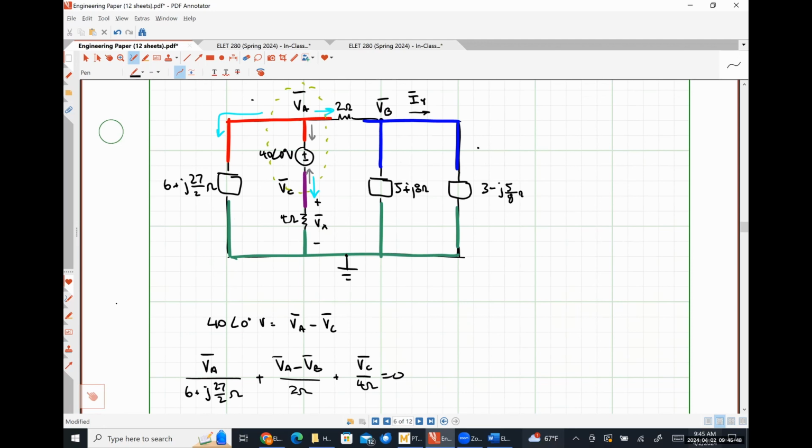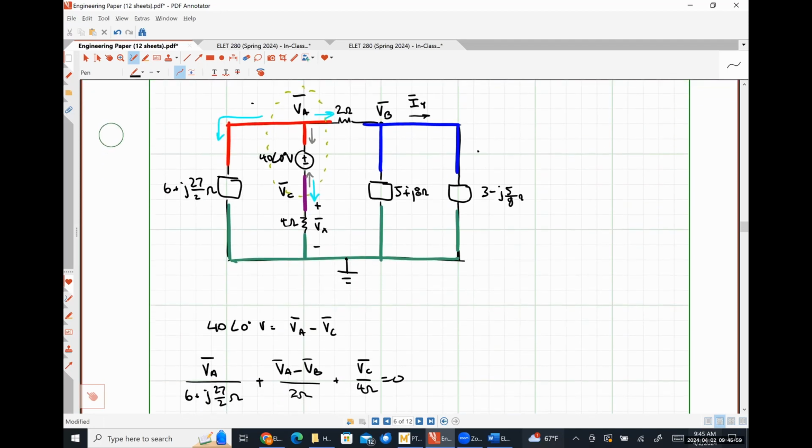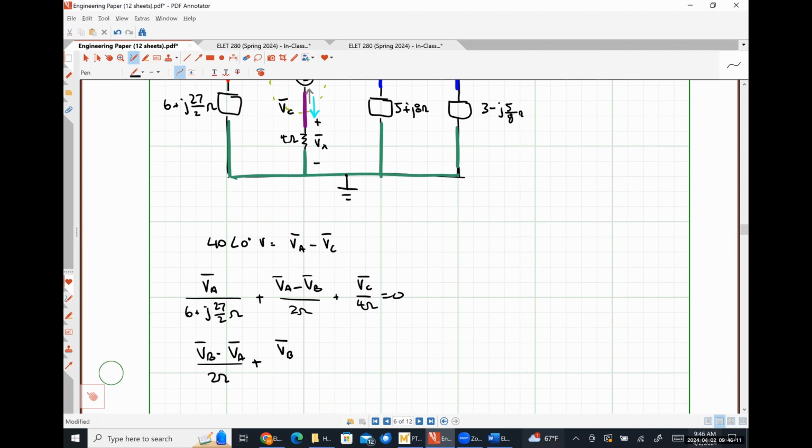Now we would be on to step 6, which was just write KCL equations for all of our remaining nodes, which in this case, the only one we have left is B, right? So KCL at B would be (VB minus VA) over 2 ohms plus VB over 5 plus j8 plus VB over 3 minus j5/8.